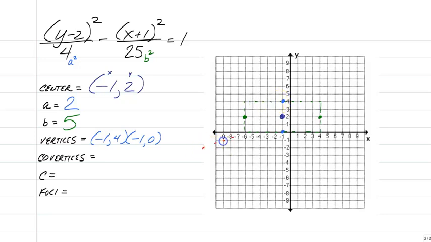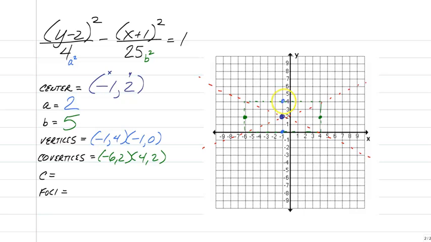And then we're going to draw our diagonals that go through the corners and through the center. Okay? Now, to list our co-vertices, that is going to give us -6, 2, and it is going to give us 4, 2. So again, just like the previous example, I did not make anything too crazy here. All right? So we're going to do our little graph now.